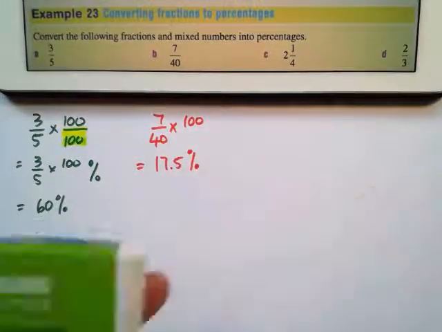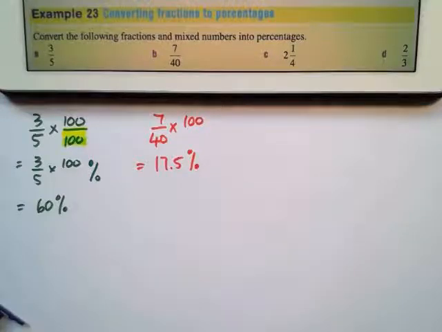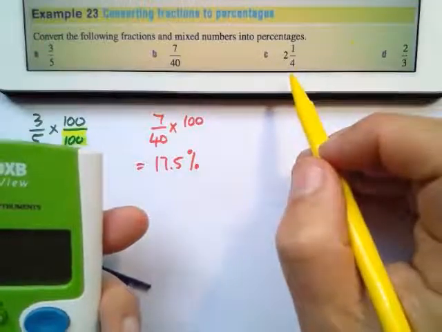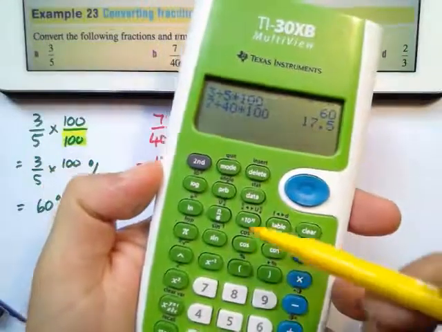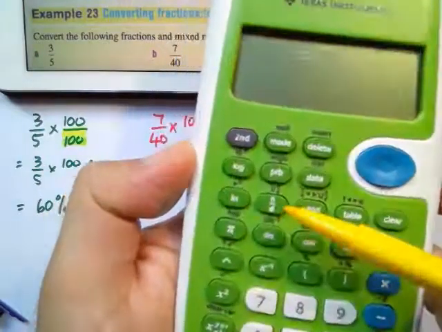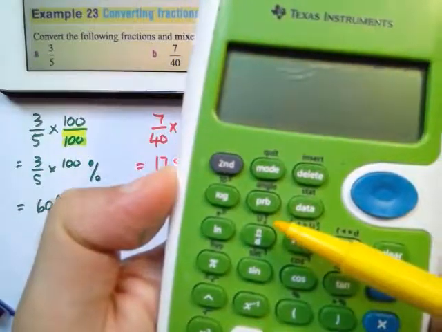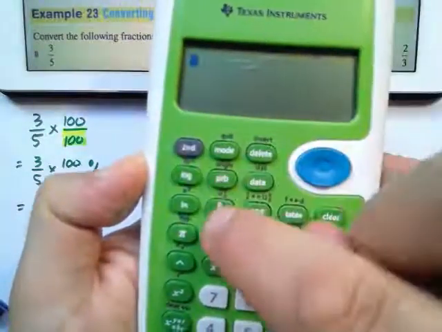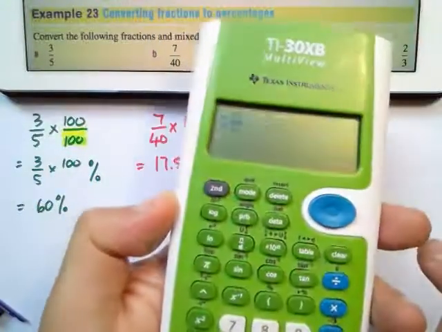2 1/4. We're going to say that either you can change it to a mixed number or you can use your calculator to put that in. So I'm going to say, there's my button. See that a b/c button, so it's going to be second function that, and it will give you a mixed number.